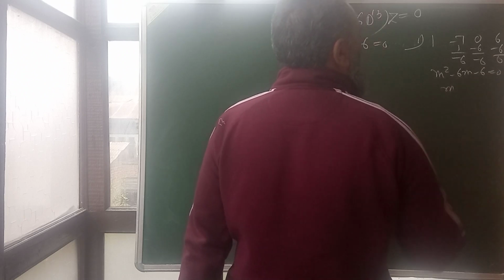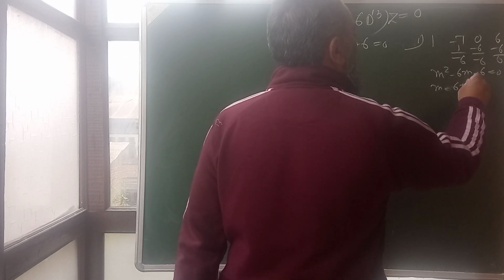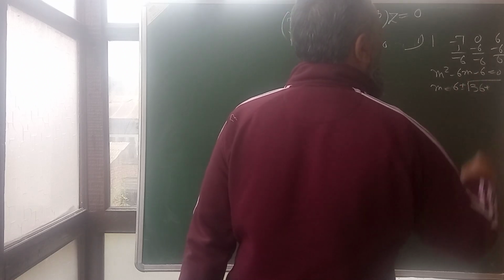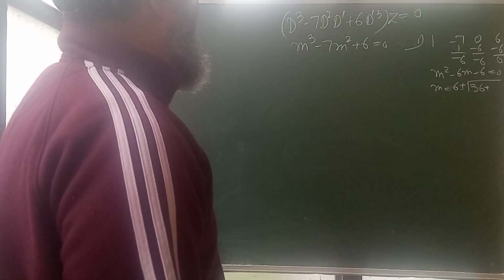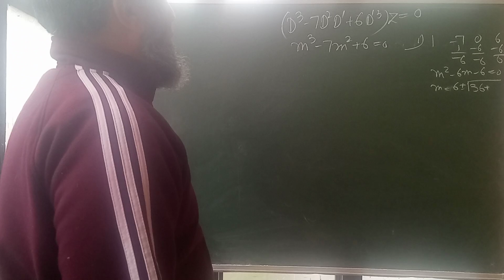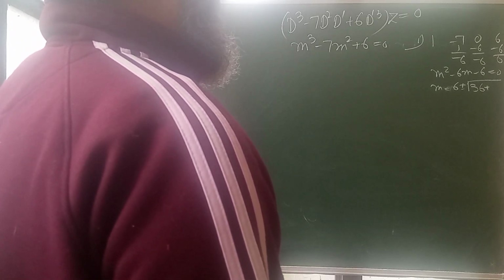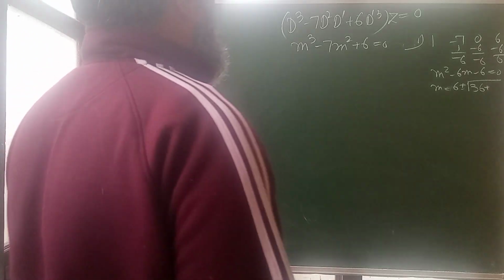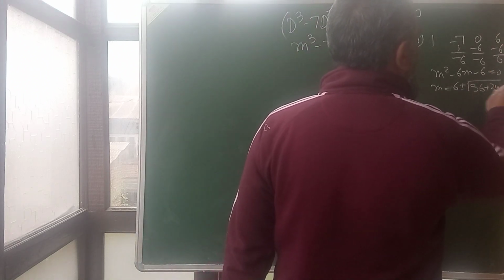What is m? m is equal to minus b plus or minus the root of b² minus 4ac, by 2a.